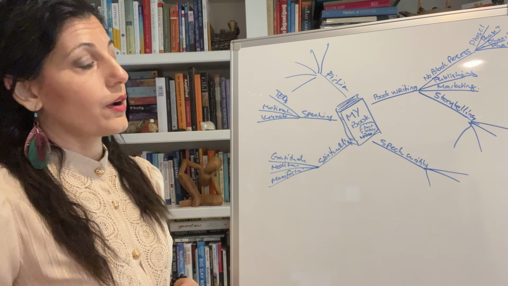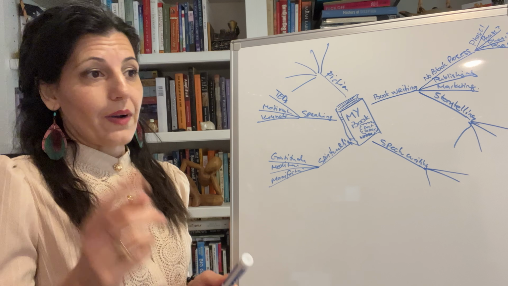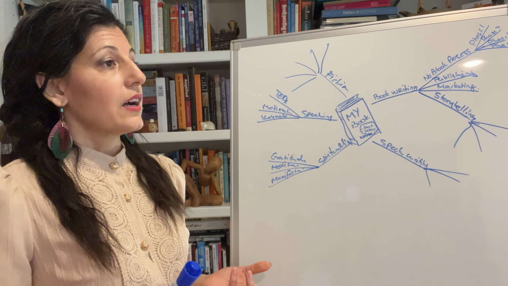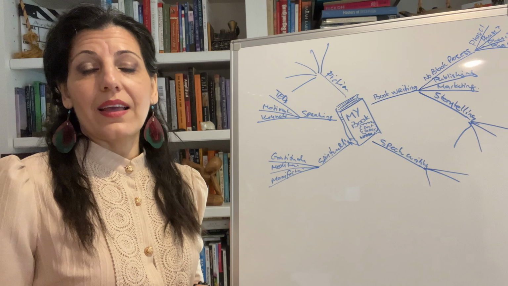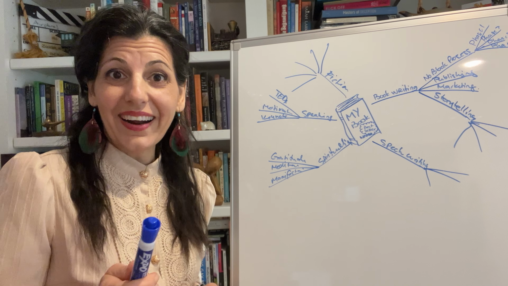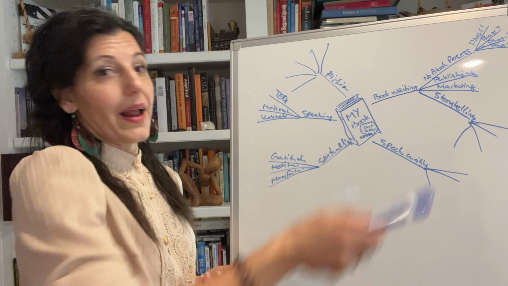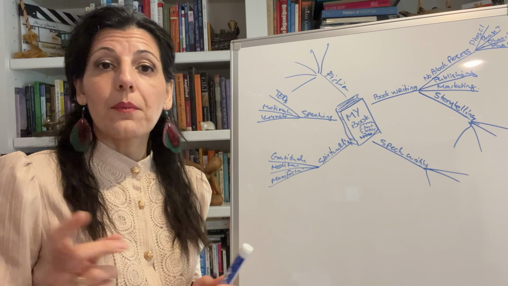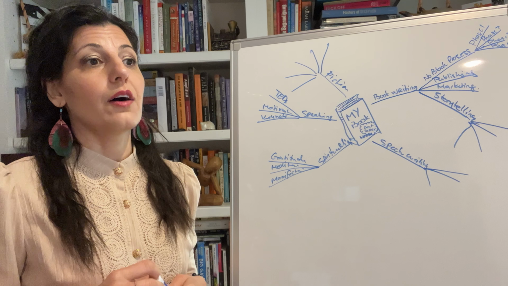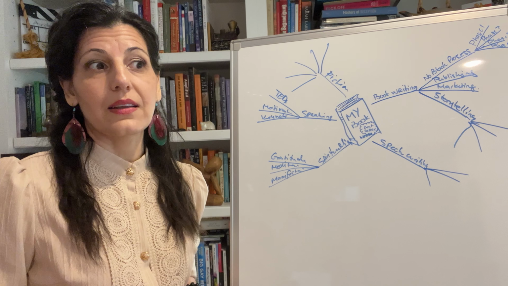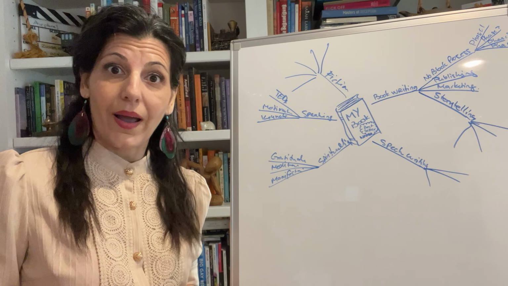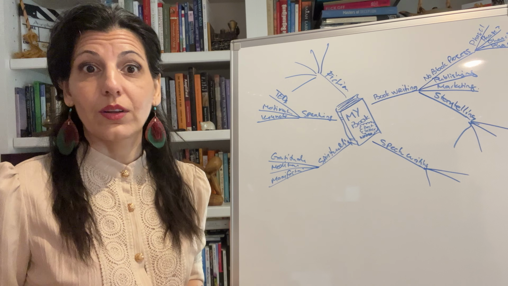But this is basically one of my favorite ways to start any writing project. And for example, right now I'm writing a book called 18 Things You Do That Keep You Stuck and How to Unstick Them. So that book came right out of a mind map, because I took the idea of, well, there's all these different ways that we get in our own way and keep ourselves stuck. What are all of the different ways?